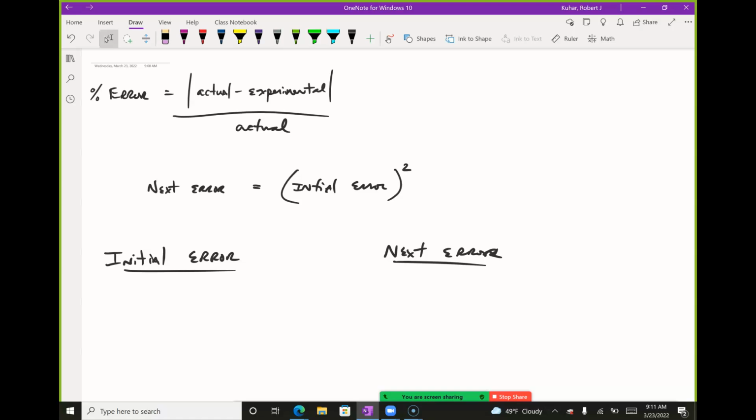So our actual is 1 over b, and our experimental is our guess. So there's the initial error. Right? This is my initial guess. You with me?